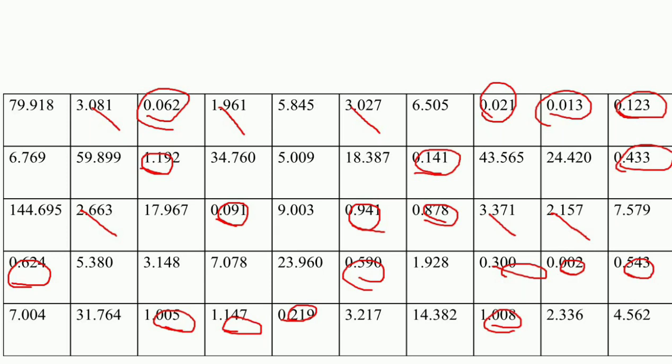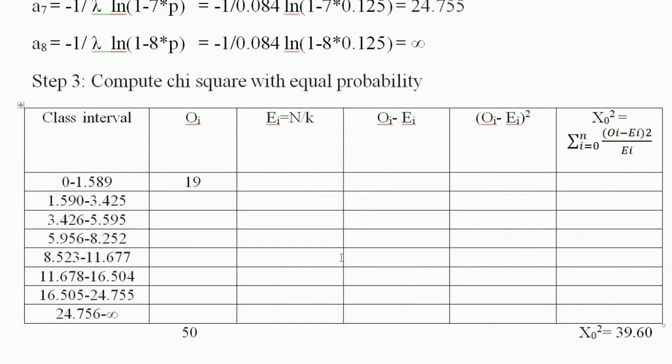In the next row we have 3.148, and the next value is 1.928, and the next value in that interval is 3.272 and the next value 2.336. Now let me count how many values we got: 1, 2, 3, 4, 5, 6, 7, 8, 9 and 10. 10 values we got, so enter 10 here.